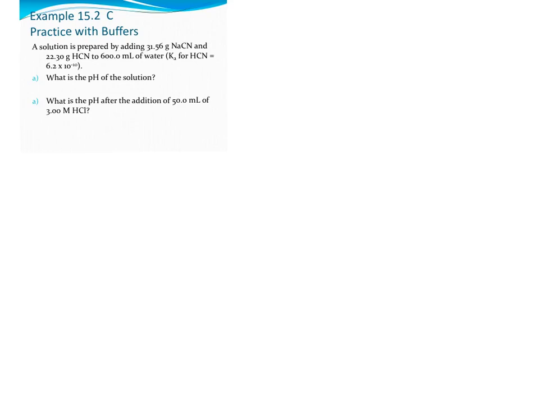First we need to know how many moles we have and what the molarity of those two things are. So let's do the HCN. We have 22.3 grams and 27.03 grams per mole. Is 0.825 moles.